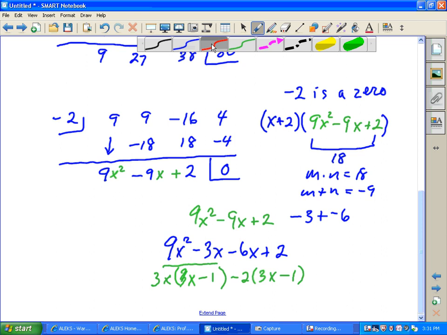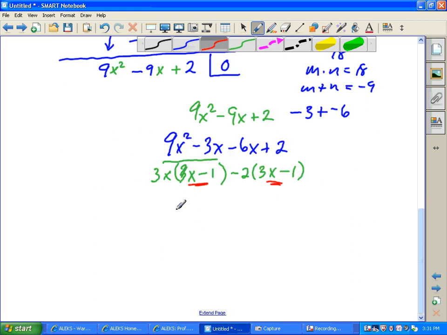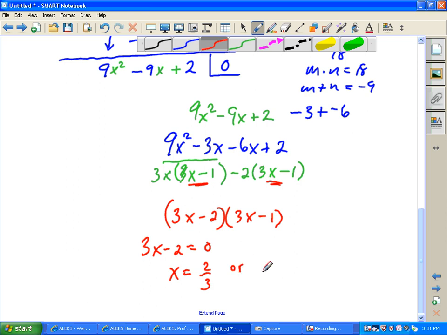And I'm happy because these guys match, which means my factorization is 3x minus 2 times 3x minus 1, which means my last two roots are found by setting those factors equal to 0. So x equals 2/3 or x equals 1/3. And you could get the same results using quadratic formula. It'll take you right to those two answers.